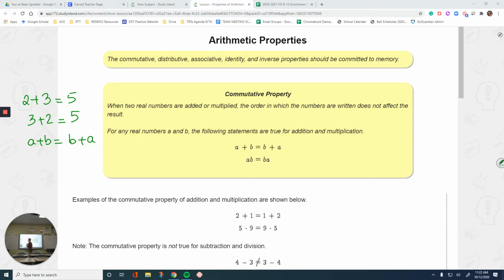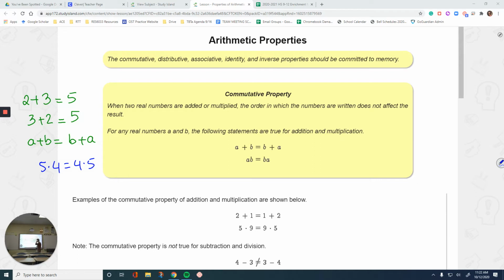Same thing with multiplication: 5 times 4 is the same as 4 times 5. You can use letters instead of numbers. This is going to work every single time when you deal with multiplication and addition. It's not going to work for subtraction and division all the time. It can work for some cases, but not for all of the cases.